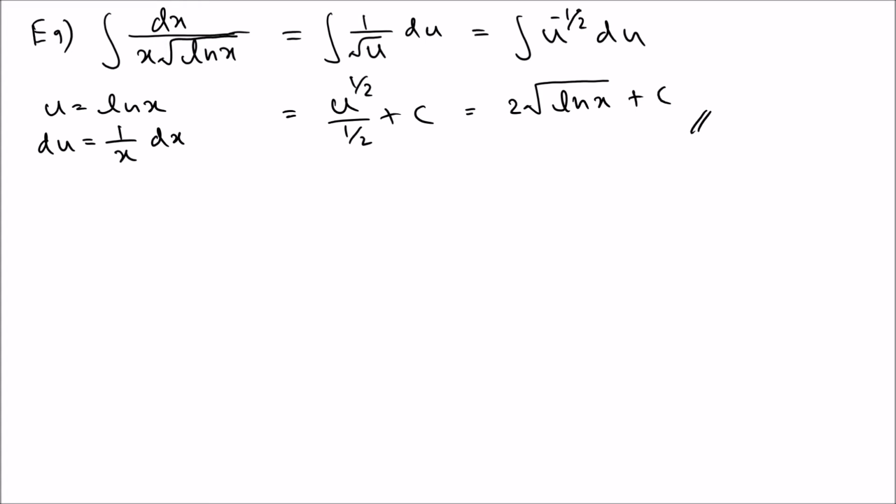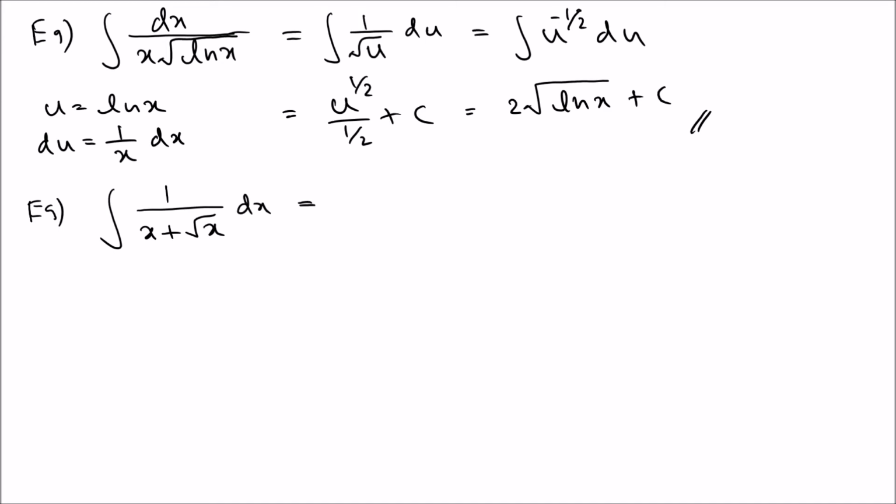So let's try to do a problem that doesn't look like that. So how about this problem? Let's say, for example, the integral of 1 over x plus square root x dx.